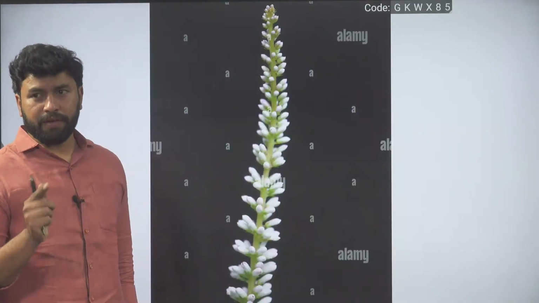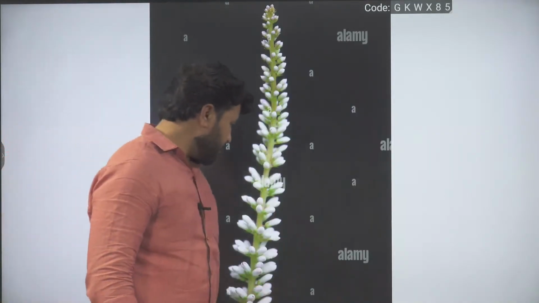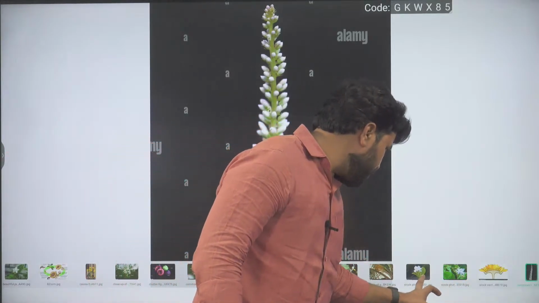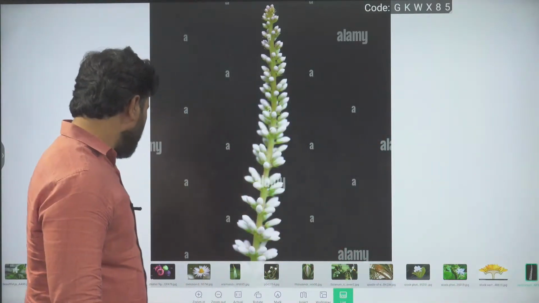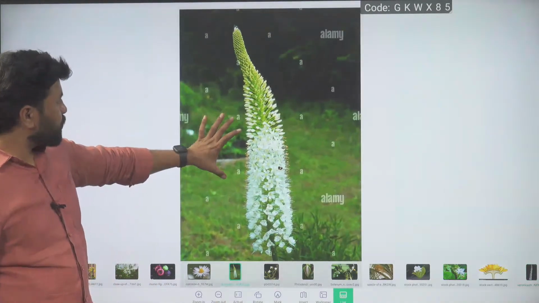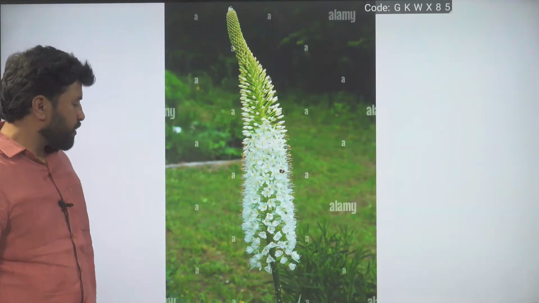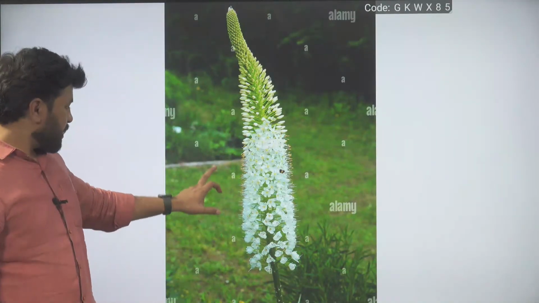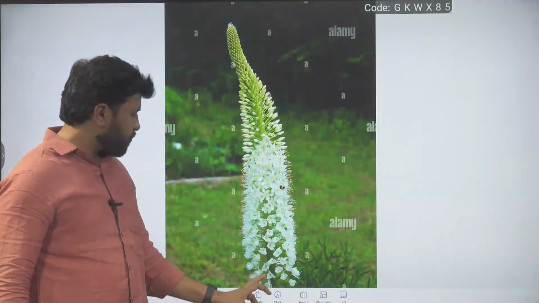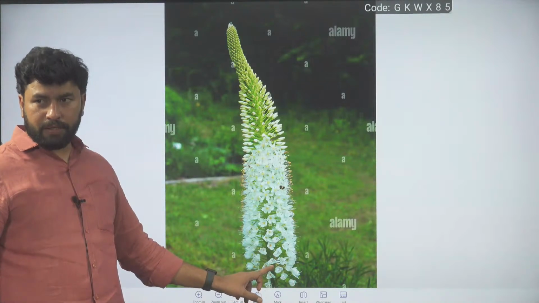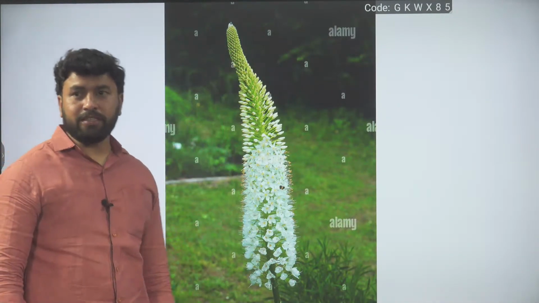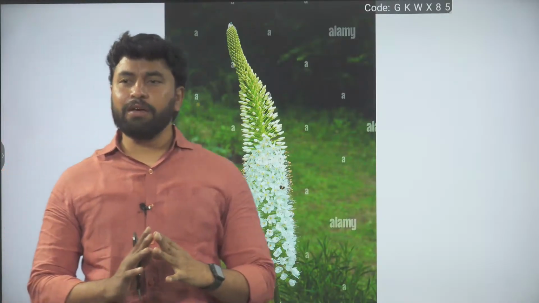It is a variety of racemose. Next, another racemose I wanted to show you, a spike type of racemose inflorescence. Next one, spadix. Same here, you can see old flowers are at the base, young flowers are at the top, but the inflorescence axis does not have any branches.